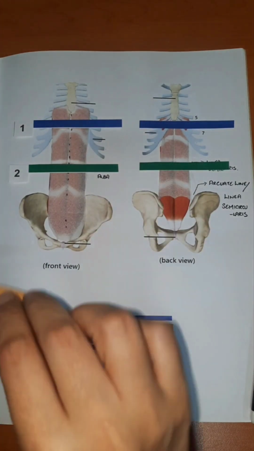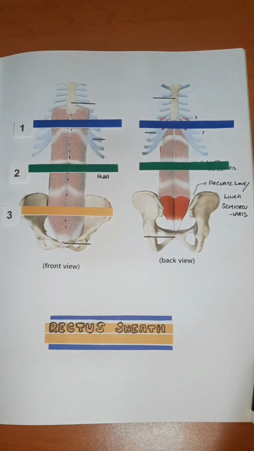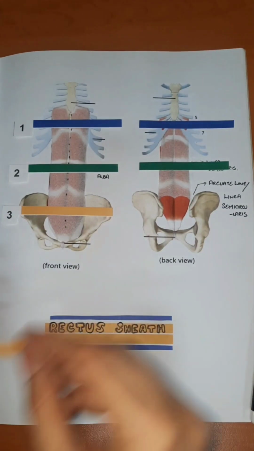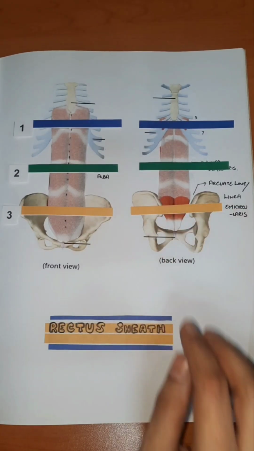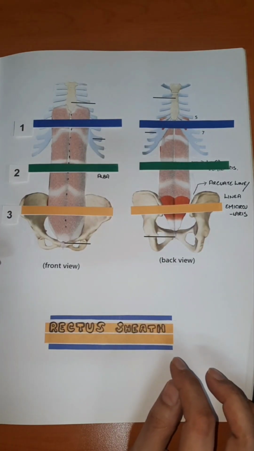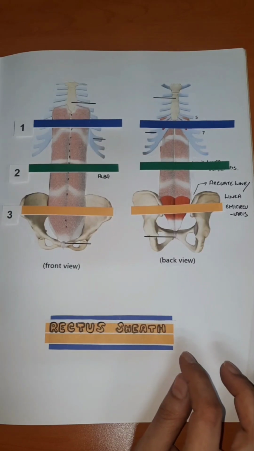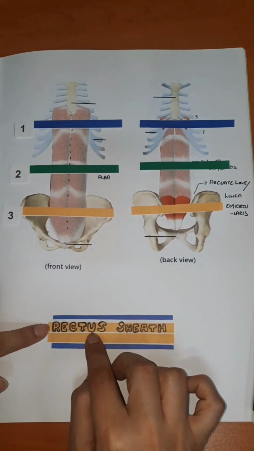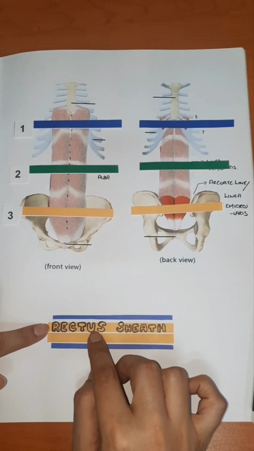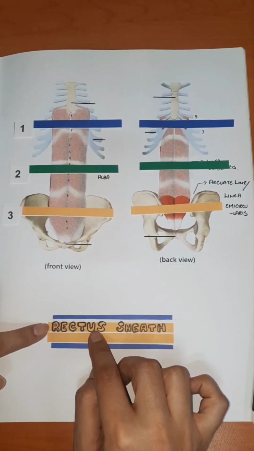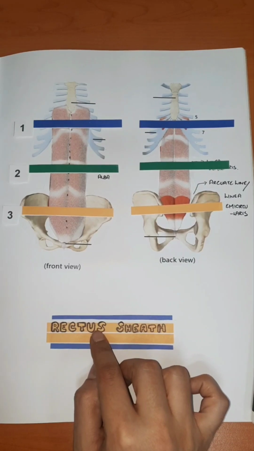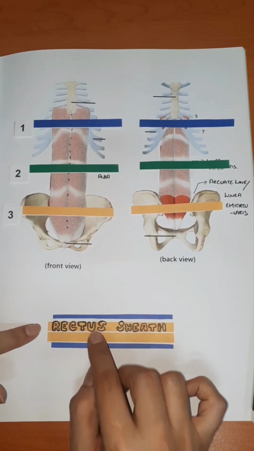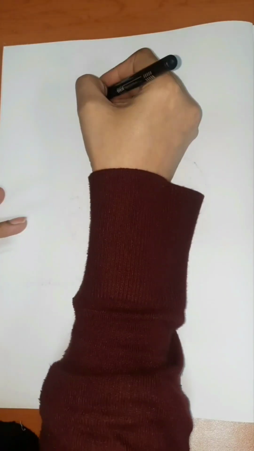And the third level is below the level of the arcuate line. So these are the three levels in which we will discuss the formation of the anterior and posterior walls of the rectus sheath. Generally, the rectus sheath is contributed by the aponeurosis of the three abdominal wall muscles, which include external oblique, internal oblique, and the transversus abdominis muscle. I will draw the cross section of abdominal wall muscles to show the formation of the rectus sheath.